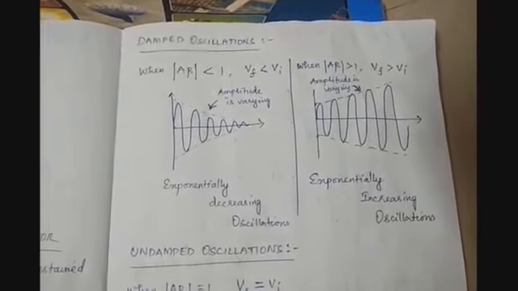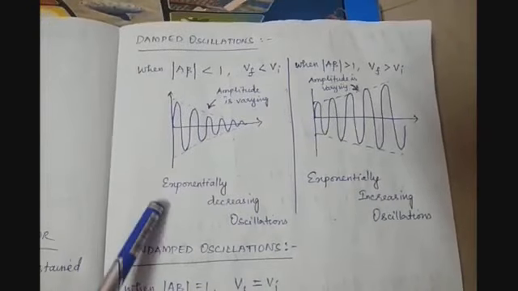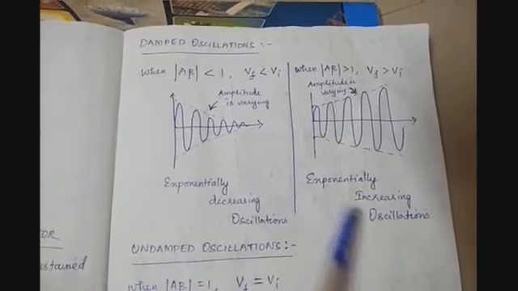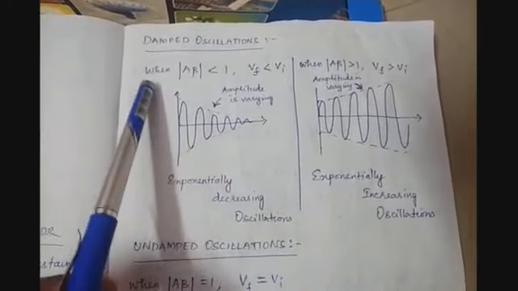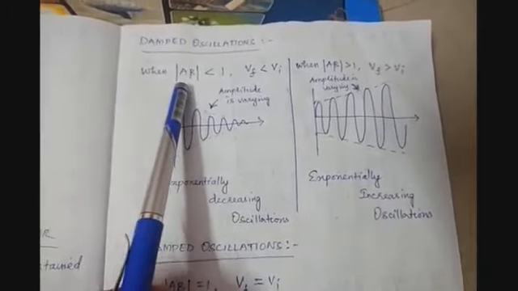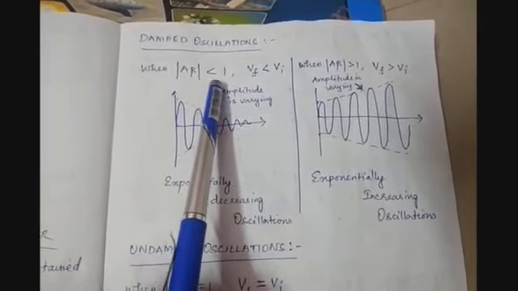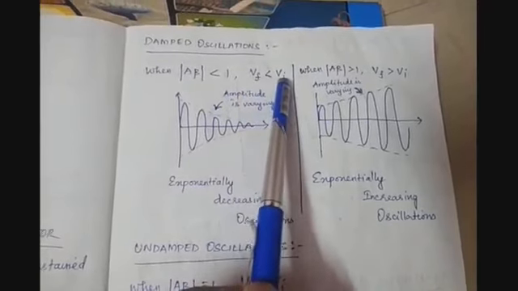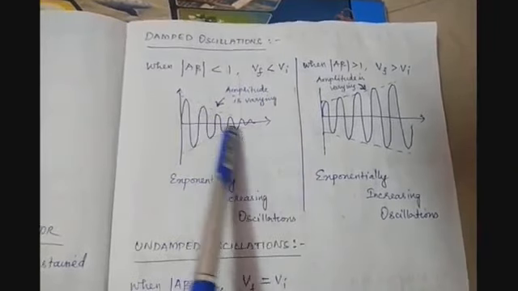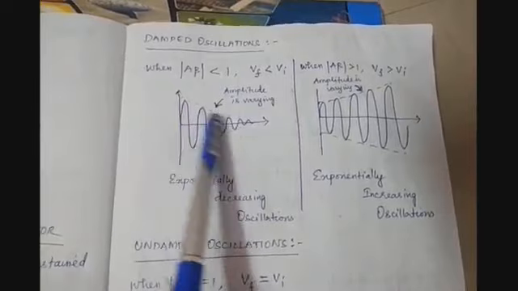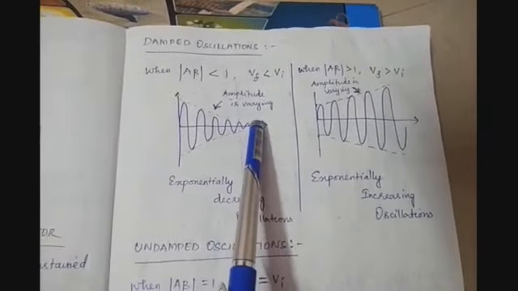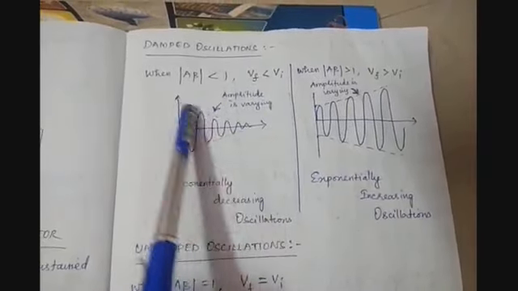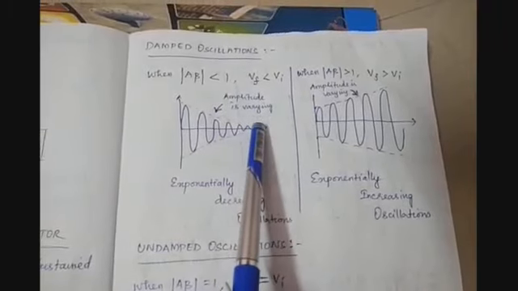First one is damped oscillations, exponentially decreasing, and this one is exponentially increasing. Listen here, when modulus A beta is less than 1, which means Vf is less than Vin, the amplitude slowly decreases and reaches 0 at a certain level.